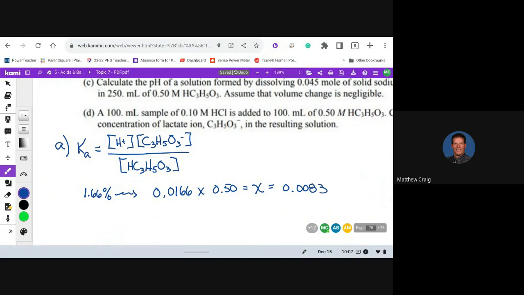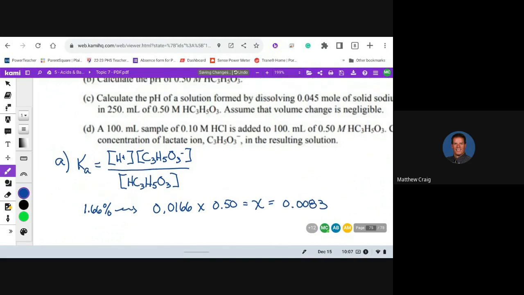All right, so there's your X value. Since we know X, we want to use X. 0.83 squared. And we also will subtract our known X, so we know the lactic acid is going to lose some of its starting amount.